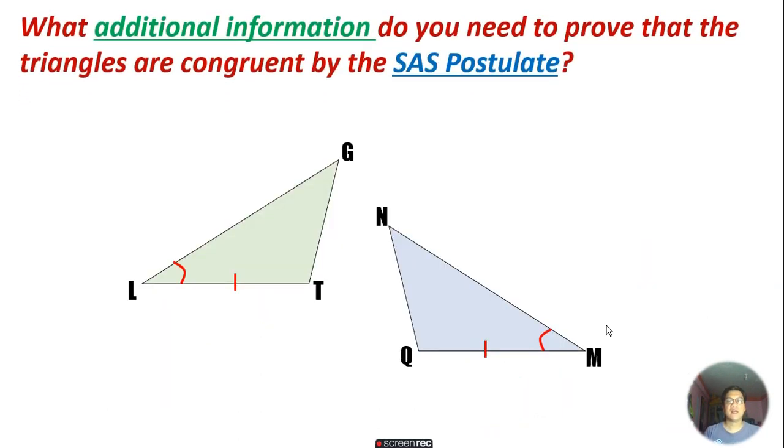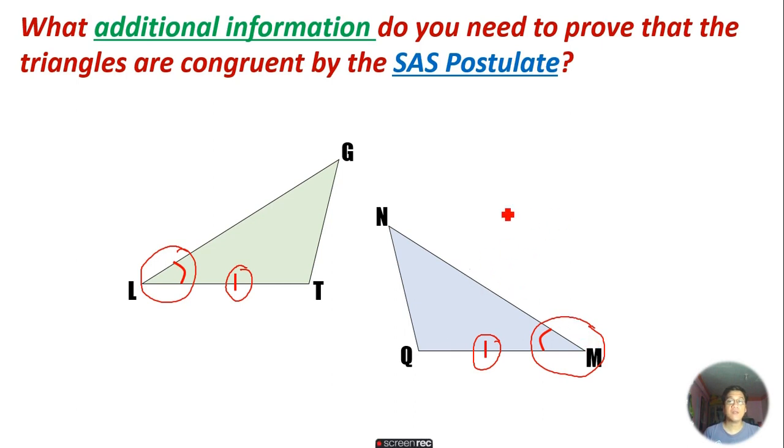Okay, so again, we are going to get the additional information needed for us to prove that the 2 triangles are congruent by the SAS postulate. In this case, because we have already the side, paired with this, and then we also have the angle, paired with this also, the angle must be included, so must be between the 2 sides.